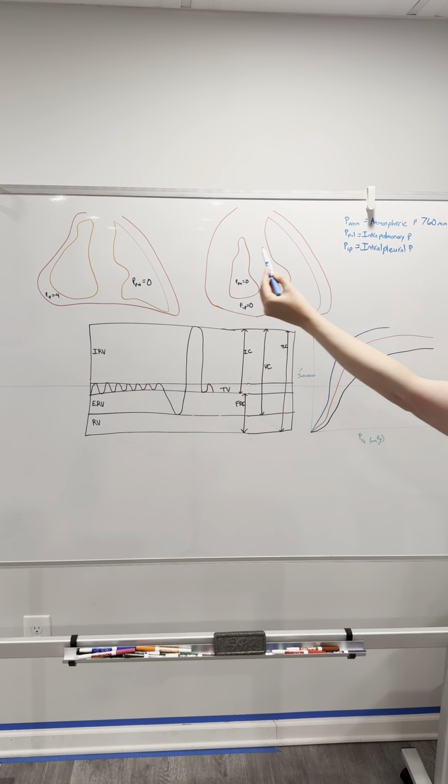But if we have fluid that accumulates within the pleural cavity, then you would have a positive intrapleural pressure that develops and the lung would collapse. So that's what that picture there is showing. Okay, so we'll talk about that a little bit more in a minute, okay?